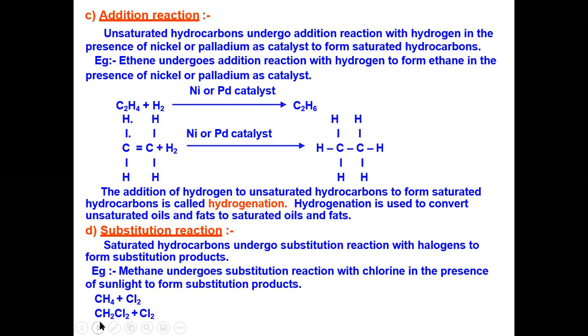Like CH4 when it reacts with Cl2, then CH3Cl will form and HCl will be produced. Same in the case of CH2Cl2 reacting with chlorine, then CHCl3 and hydrochloric acid will form.